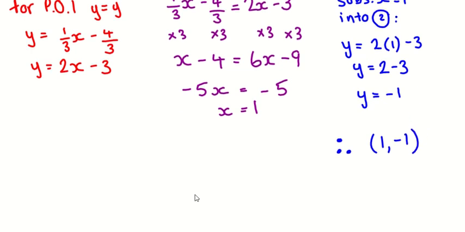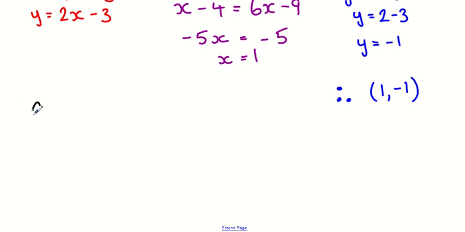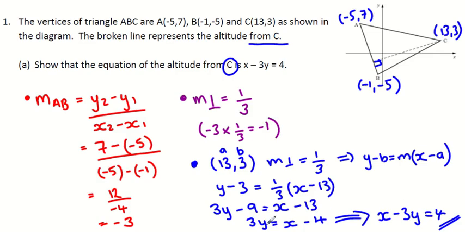If you were to use simultaneous equations, then we have y equals 2x minus 3. We also have x minus 3y equals 4.